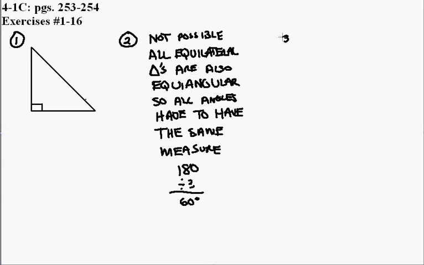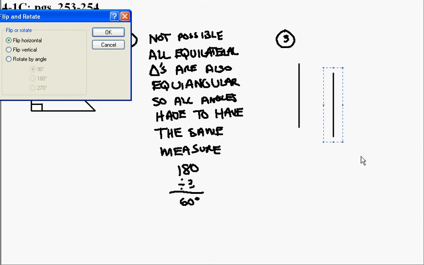Okay, then we have number three, and they're asking you for an obtuse isosceles triangle. Well, I can take my two sides again that I took from my first triangle, and let's go ahead and rotate this.